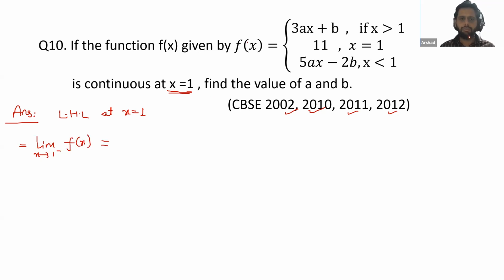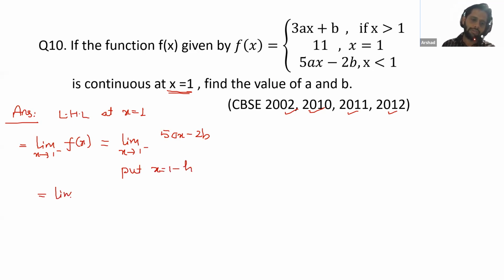Who can tell me? Omer, please tell me for this LHL, which function you will use. It's the third one. Third one, very good. So this is limit x tends to 1 minus, and the function is 5ax minus 2b. So our method is put x is equal to 1 minus h. So this will become limit h tends to 0.